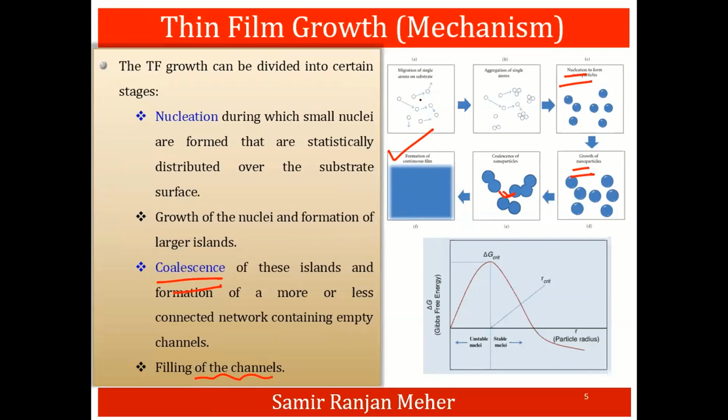So it is an atom by atom growth process. We started with individual atoms condensing on the substrate surface. Gradually, governed by the thermodynamics of the process, they form the grain, and then the filling of the channels takes place, and the resultant is a continuous film.